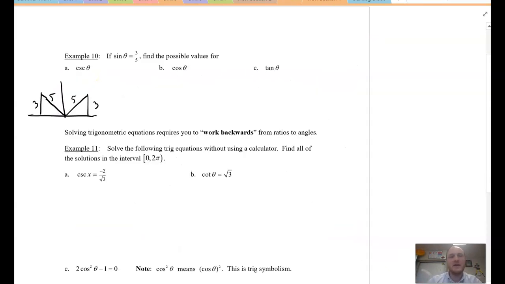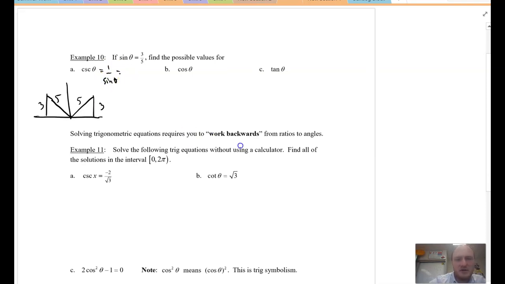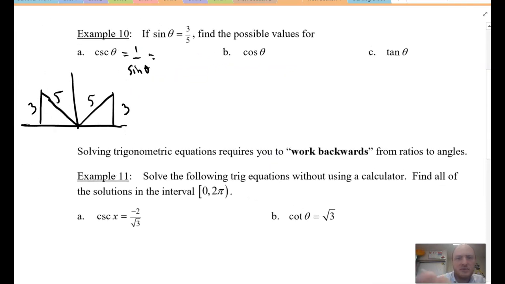Okay, so they want to know what is cosecant of theta. Remember that this is 1 over sine theta, so it's just going to be the reciprocal. What is cosine of theta? Well, that's adjacent over hypotenuse. Now notice I'm missing a side.